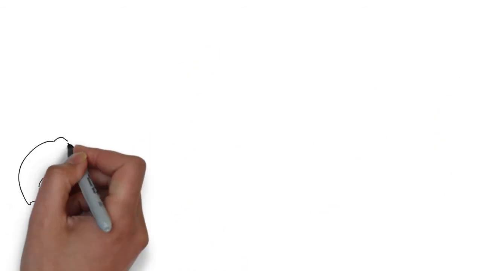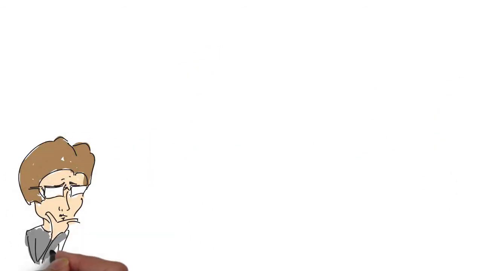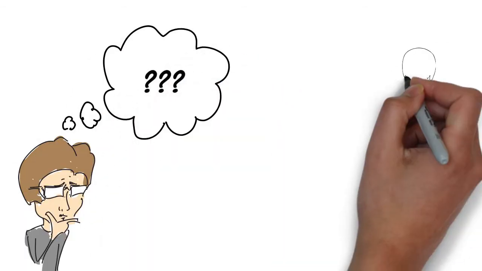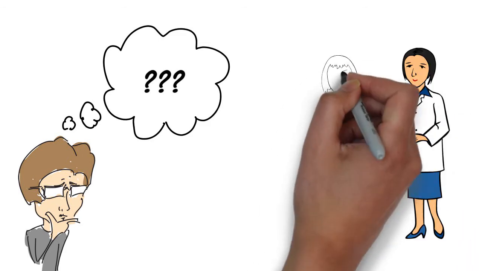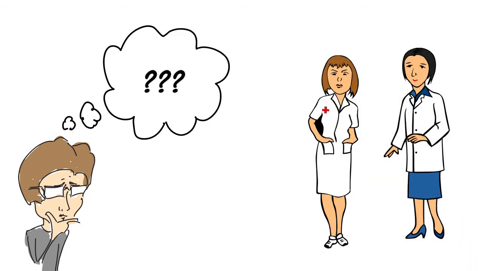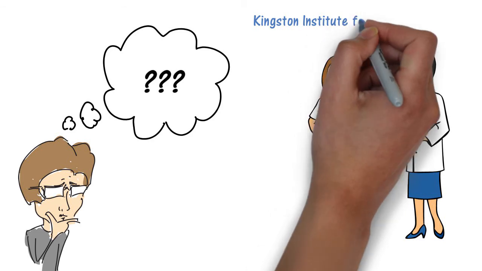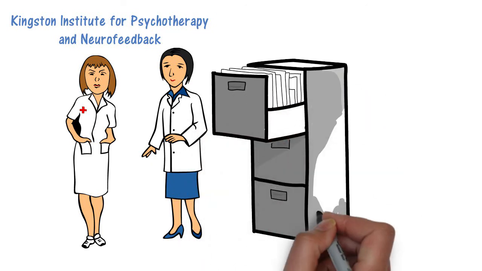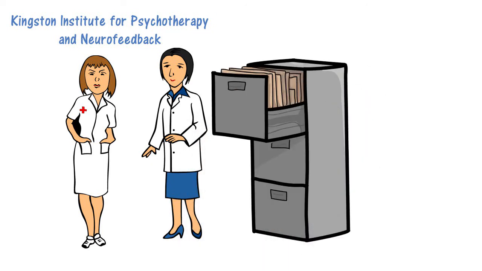Having said that, I don't want you to think that it's totally iffy whether neurofeedback will help you. So let's look at just a little data. Two of our colleagues, psychiatrists at the Kingston Institute for Psychotherapy and Neurofeedback in Ontario, have been gathering data on scores of patients with severe anxiety and depression.